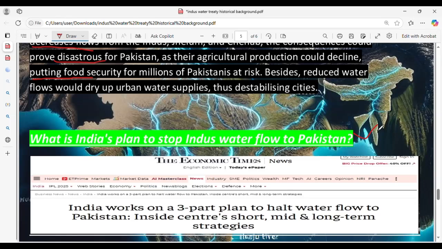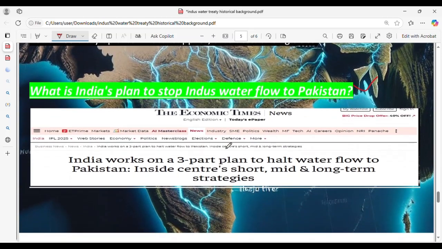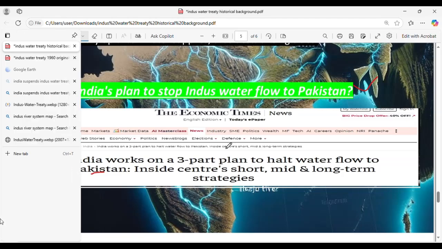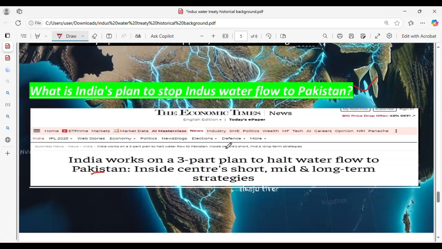As it is a very confidential matter, we cannot disclose everything about the plans, but the Indian spokesperson has already told the Economic Times that India works on a 3-part plan to halt water flow to Pakistan: short, mid and long term. What does it mean? We have 3 types of plans: a long term plan, a short term plan, and a mid term plan category strategy.